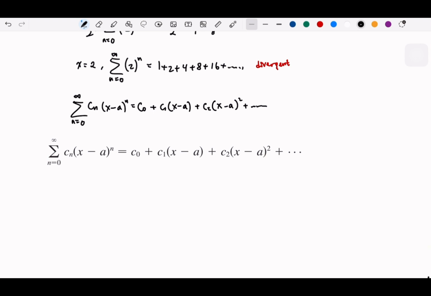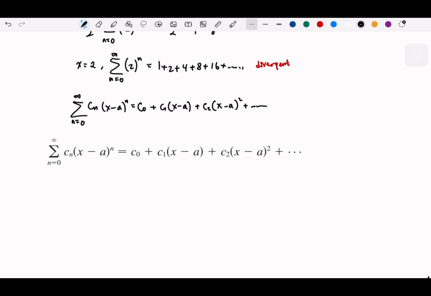But we want to make it into an interval. Suppose that this is x, this is x minus a, this is x plus a. So we could have something in between that is defining our convergence. That's why we need to write in terms of x minus a.